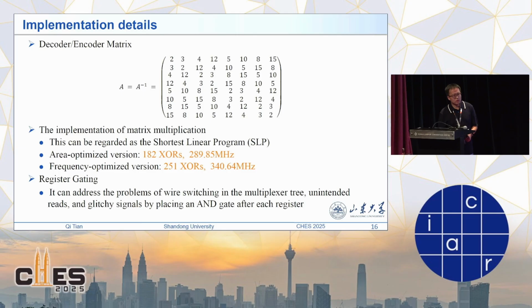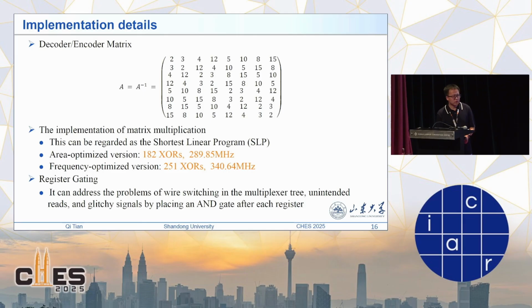The error-optimized version requires 182 XOR operations, and its frequency is 289 MHz. And the frequency-optimized version requires 251 XOR operations, and its frequency is 340 MHz.